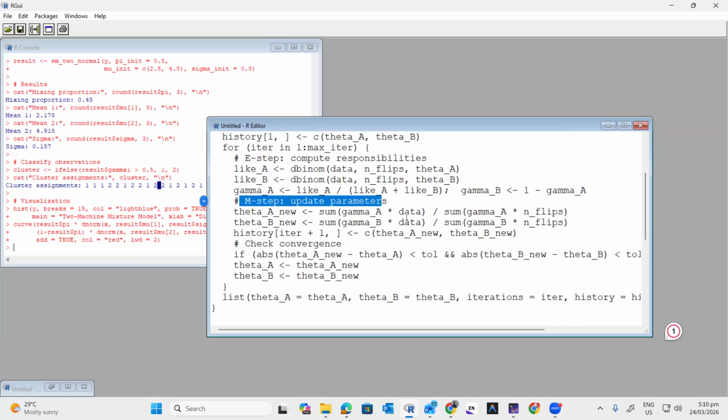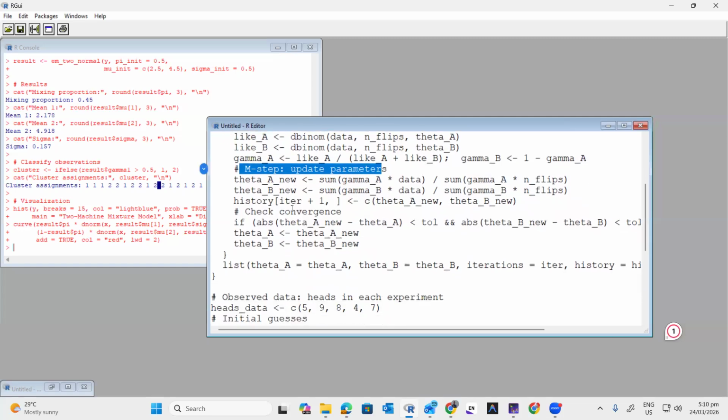So these are the weighted maximum likelihood updates. The numerator gives the weighted total number of heads, and the denominator gives the weighted total number of flips. After that, history of iteration plus 1 equals c of theta A nu and theta B nu.